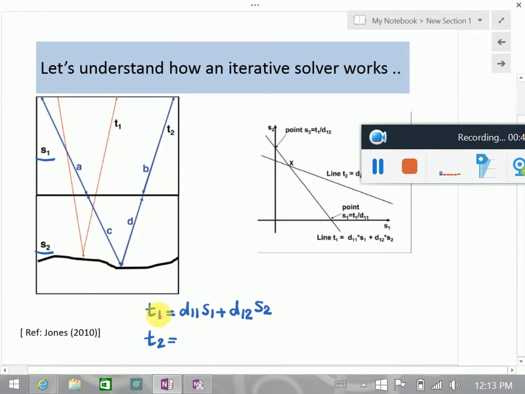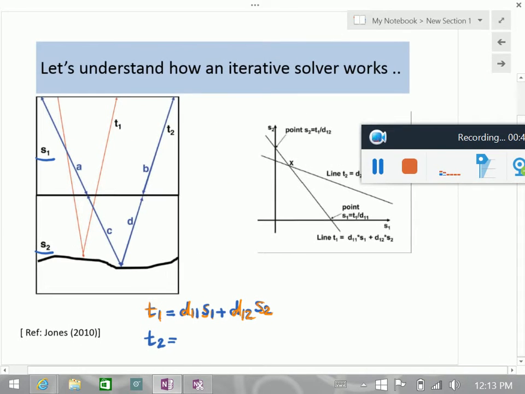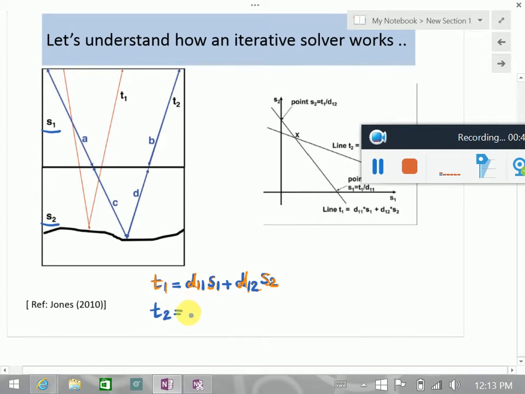So I write the orange, so you see. And then we have T2. Right, so look at the A, B, C, D. Could you write them in terms of D11, D12? What is D21?